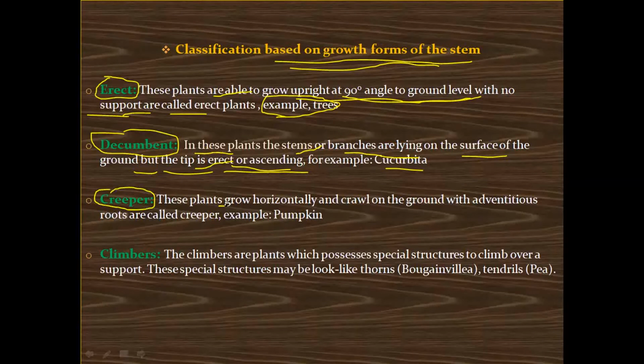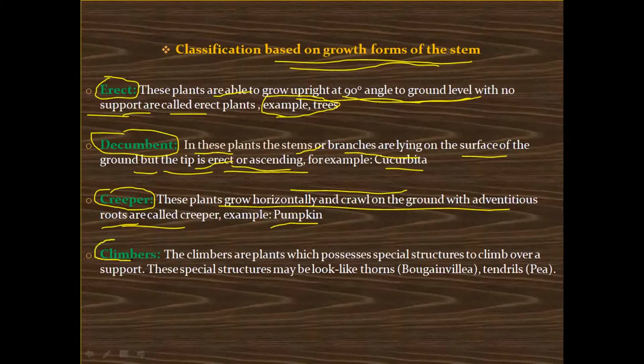These plants grow horizontally and crawl on the ground with the help of adventitious roots. For example, pumpkin.